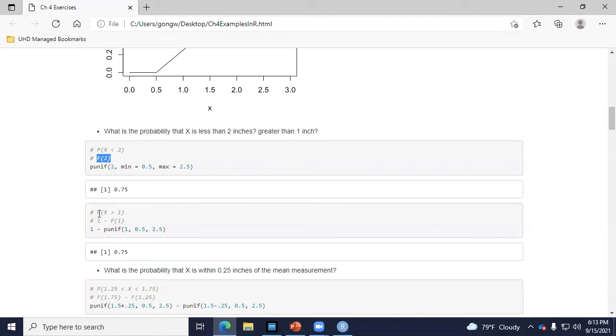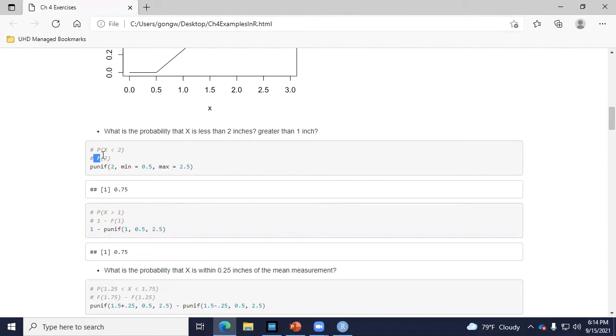So now I'm asking for X greater than 1, then you just do 1 minus this, and you get the other direction, the other area. So our default is to do the area that's less than, right? If you do this punif, this is exactly doing the formula for this capital F, which is our CDF. So yeah, it's less than or equal to.